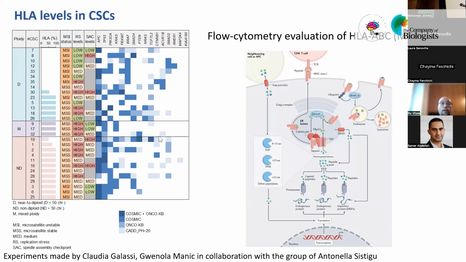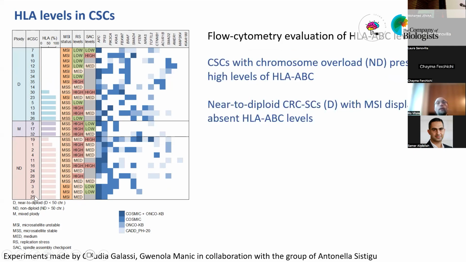As you can see, we observe a heterogeneous expression level of HLA-E, with the non-diploid cells, so spheroids with a chromosomal overload, having a higher level of HLA-E, and very interestingly, the diploid cells with the MSI were almost all deficient. They have absent or very low levels of HLA.